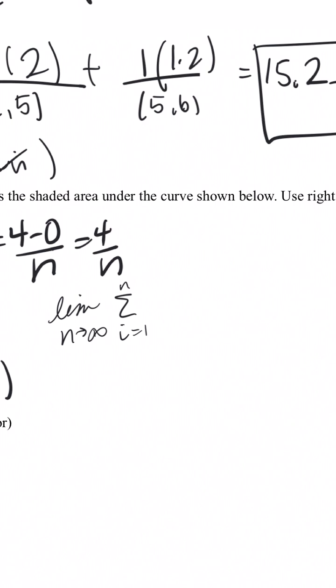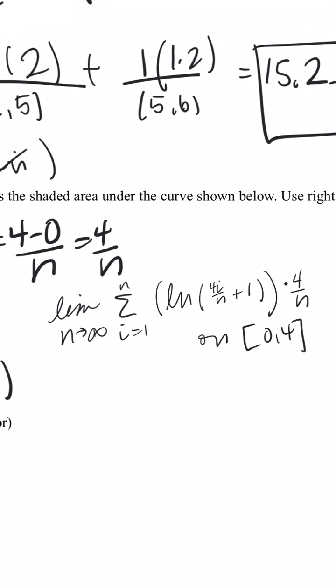So that's going to be ln of the quantity, I started at 0, so I'm not going to write 0, I'm just going to write 4i over n, plus 1. My delta x value is 4 over n, and then I need to make sure to say which interval I'm on, from 0 to 4. So here is my answer.